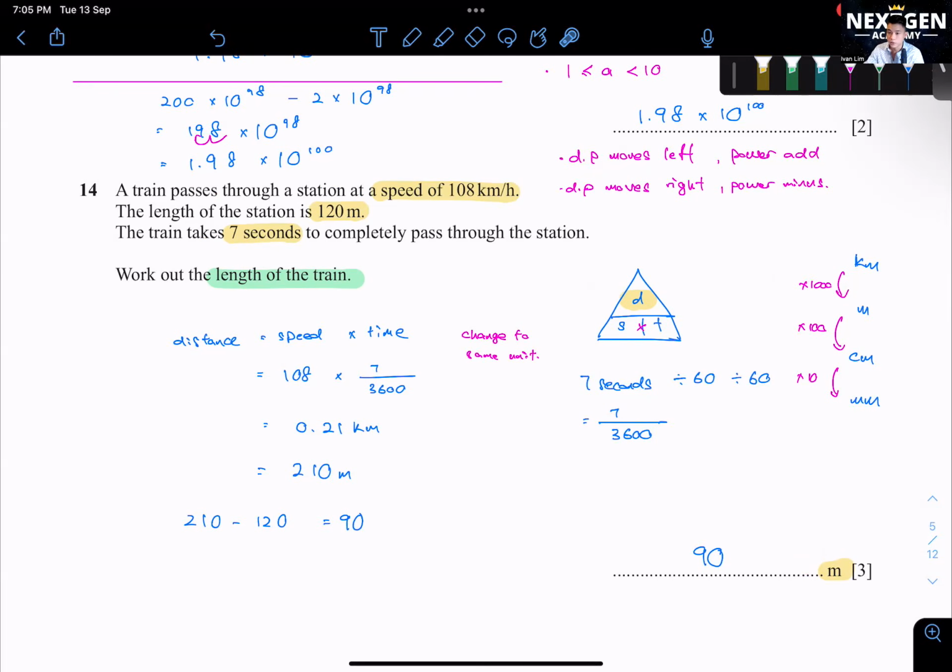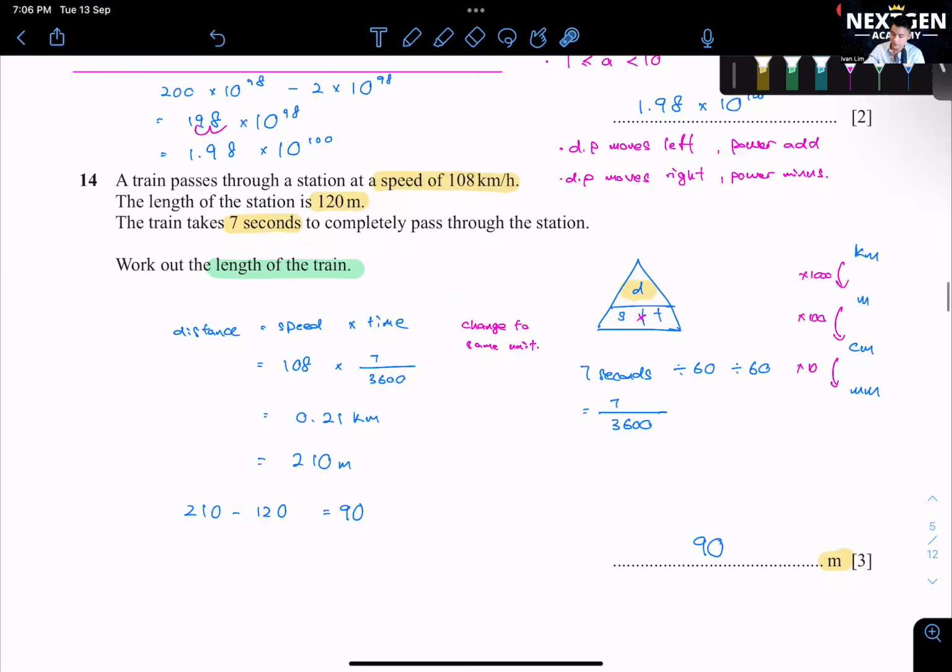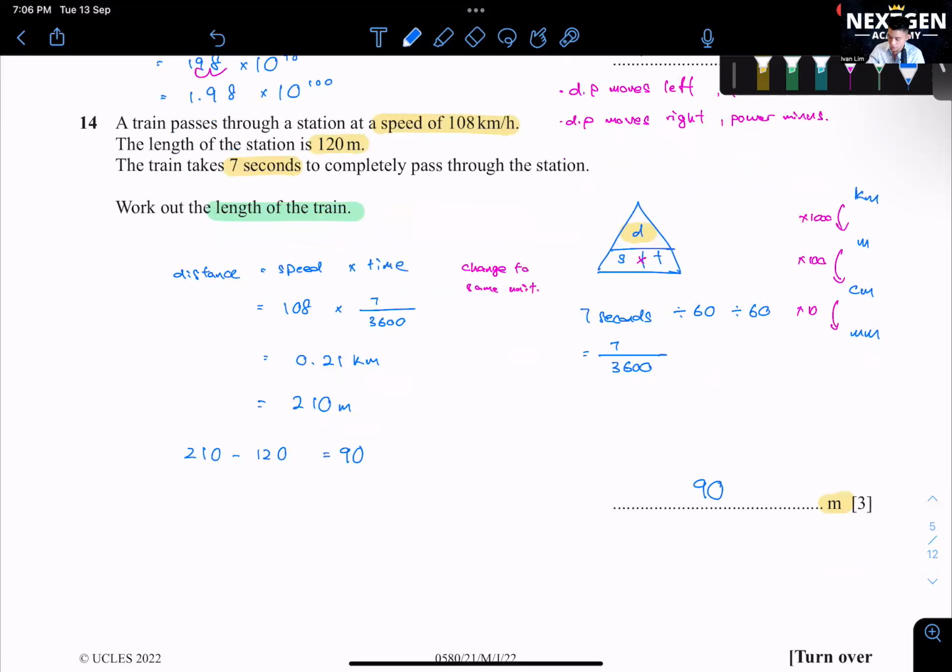Why divide by 60 twice? What do you think? You change second to hours. How do you change seconds to hours?